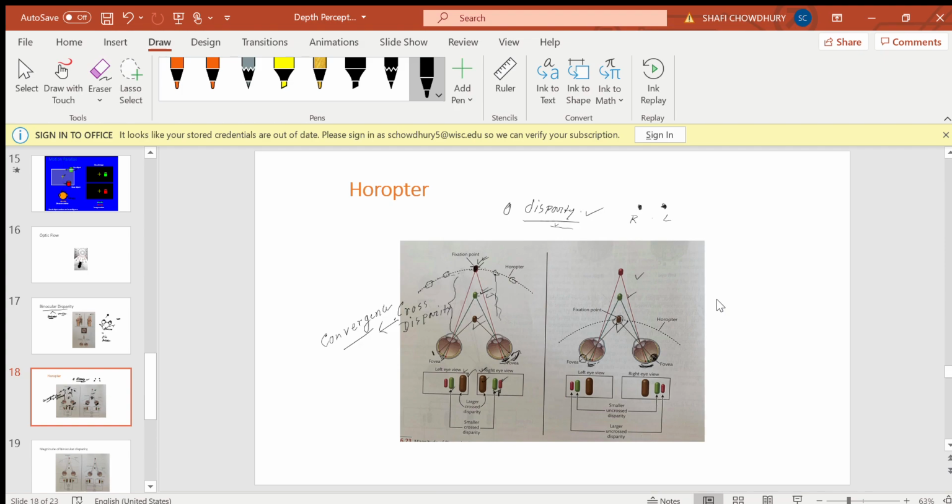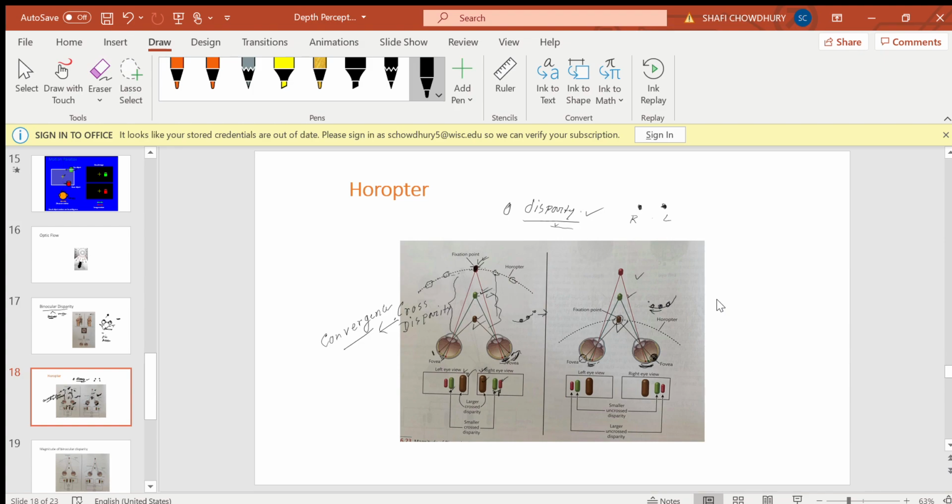So in these cases, this is the fovea here, and the retinal images are lateral, on the temporal side. In these other cases, the images are on the nasal side, medially.